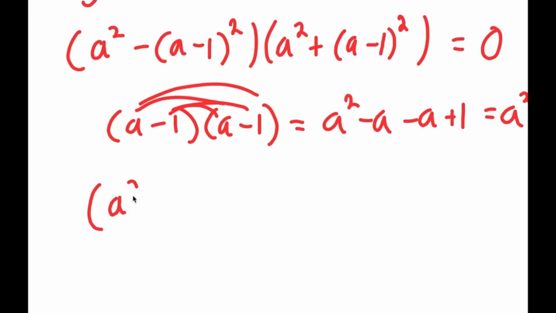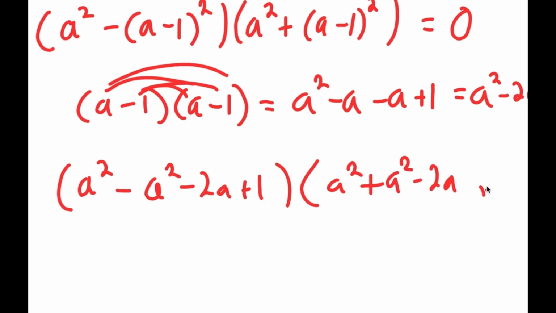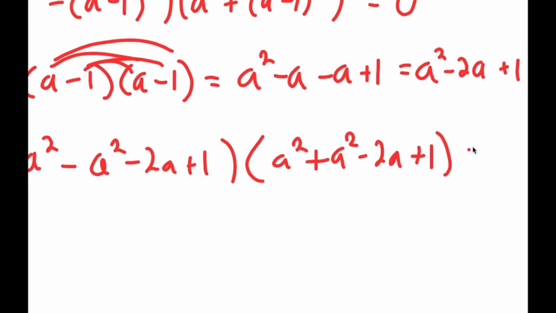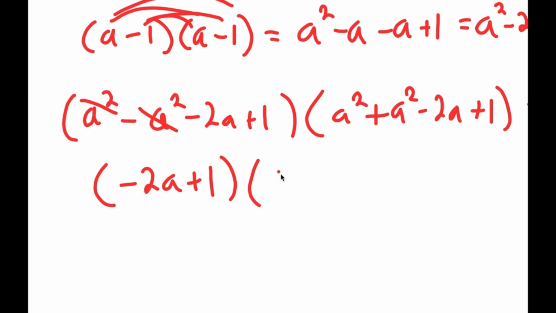So now I get a squared minus (a squared minus 2a plus 1), and then I have this times a squared plus (a squared minus 2a plus 1) is equal to 0. Now for my left-hand side, these two cancel out, and all I'm left with is negative 2a plus 1. And for my right-hand side, these two add, a squared plus a squared, so I get 2a squared minus 2a plus 1, and this is equal to 0.